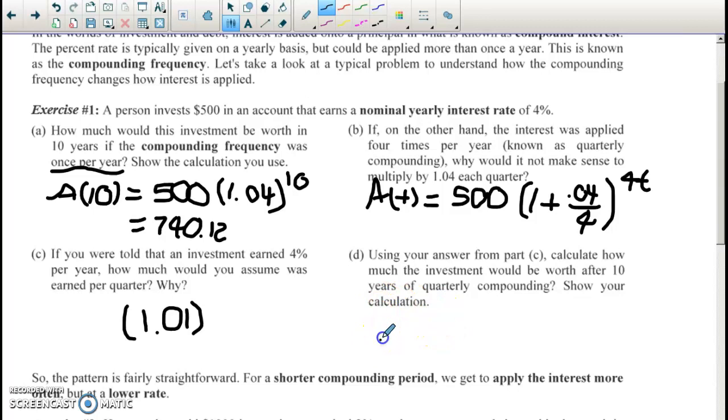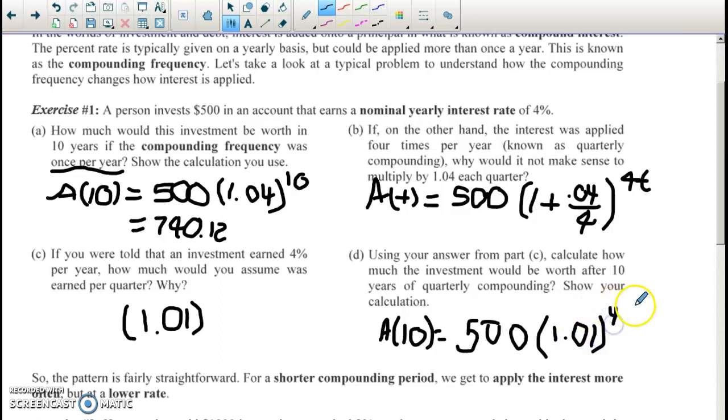Well, in 10 years, we would have the $500 and we would have the 1.01 per quarter, and we did this 4 times a year for all 10 years.